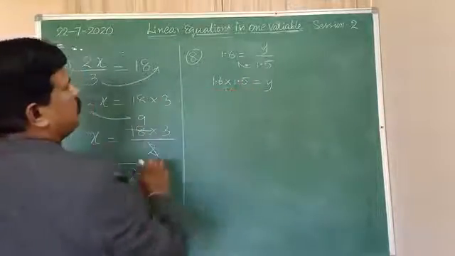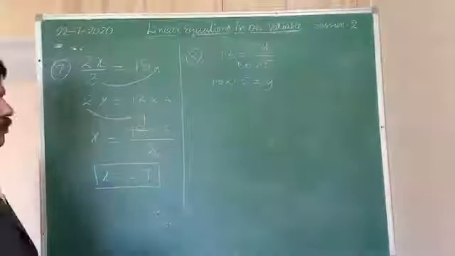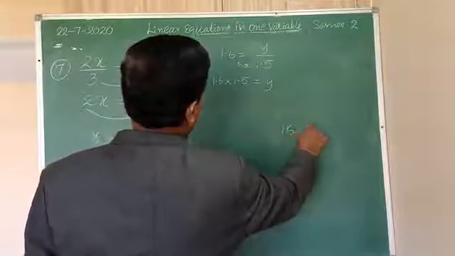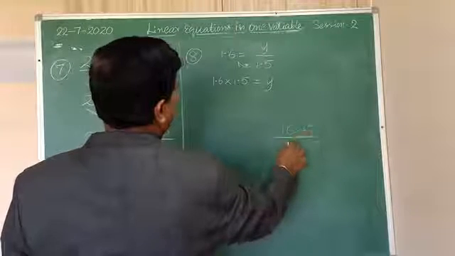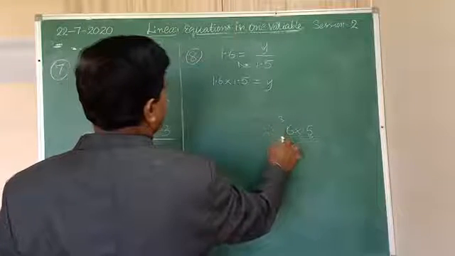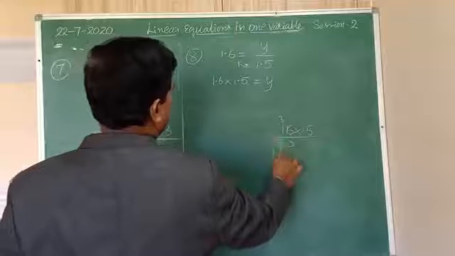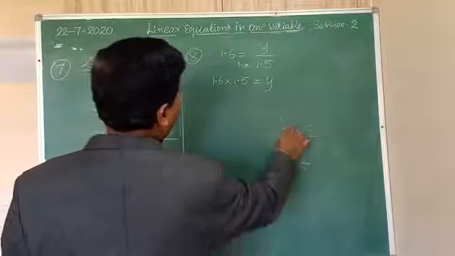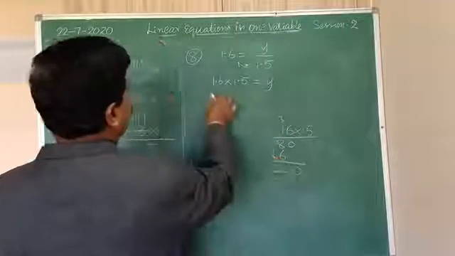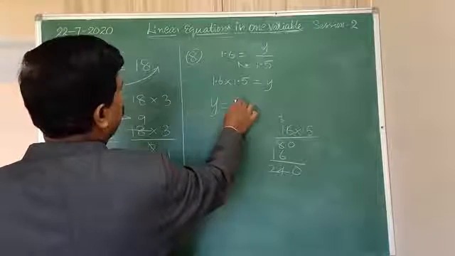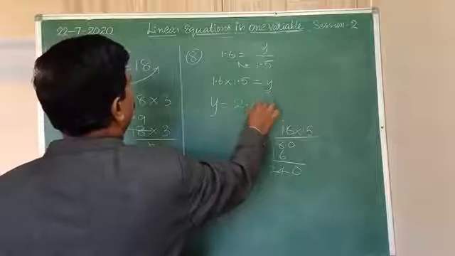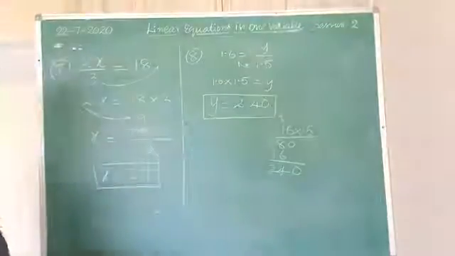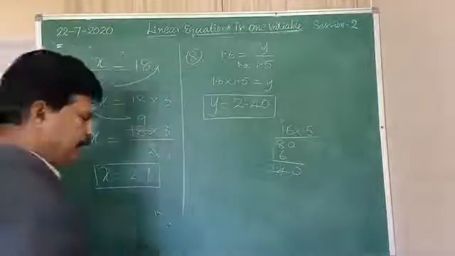Now here are decimals, 16 into 15. So multiply that. 16 into 15: 6 fives are 30, 3 carry, 5 ones are 5 plus 3 is 8, then 16, 0, 24, 1. After the decimal point, 2 digits are there. So the y value is 2.40. So this is the 8th one.